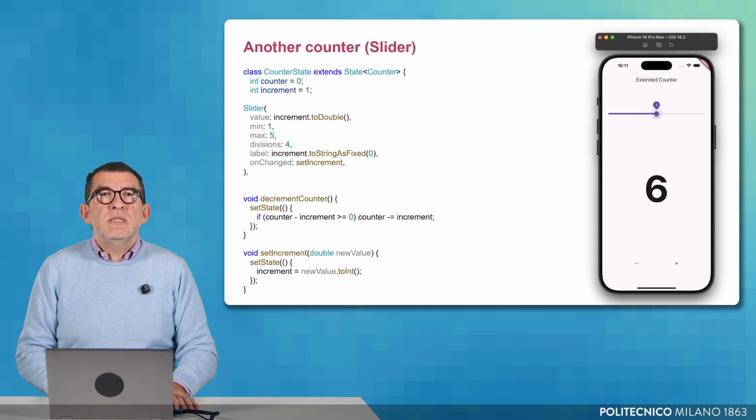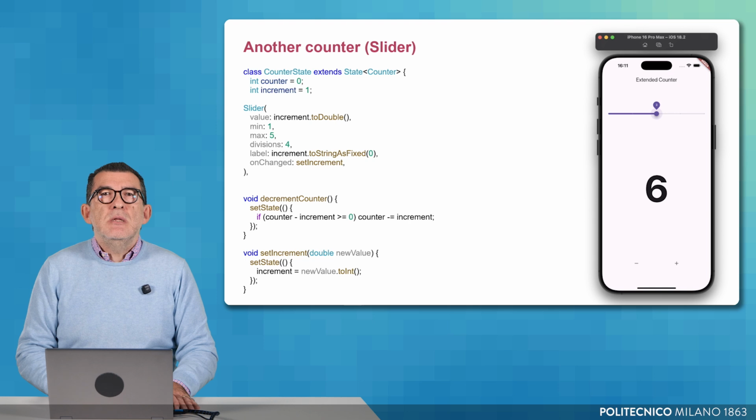Instead of a classic counter example, we will add a few new features. First, we will include a slider to set the increment value, ranging from 1, the default, up to 5. We will also add two separate buttons to increase and decrease the counter by that amount. The counter should never drop below 0 or exceed 100.